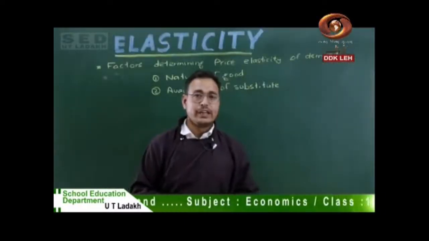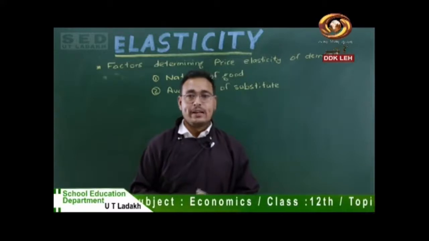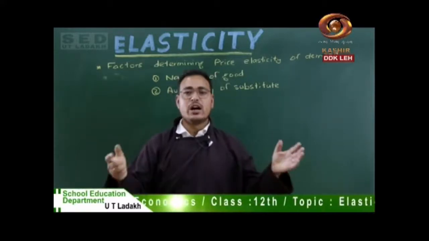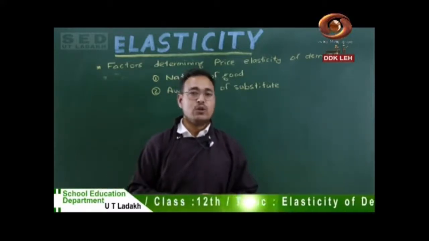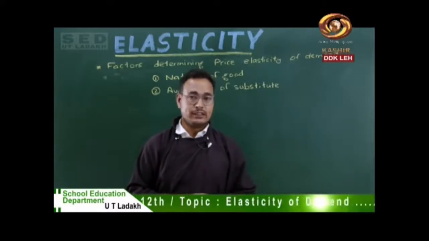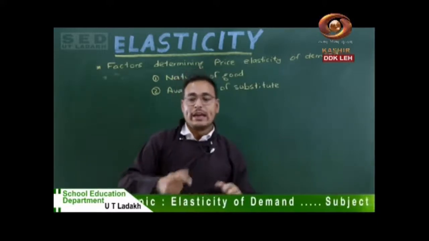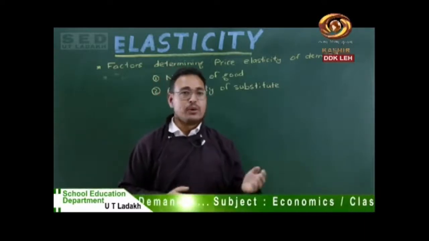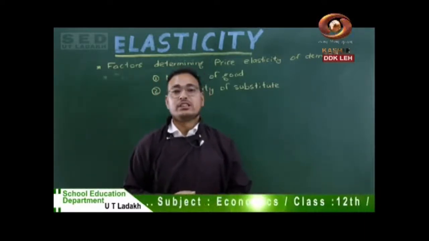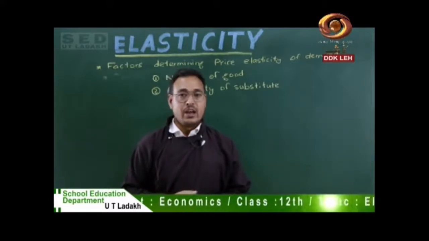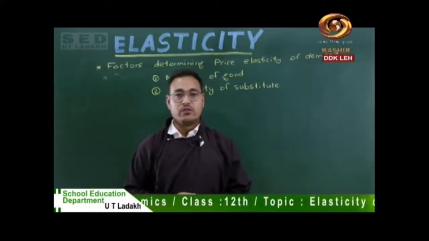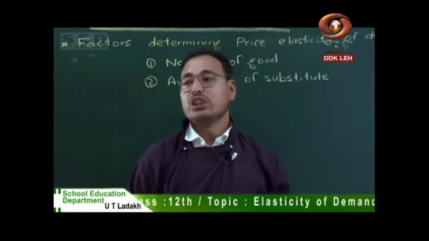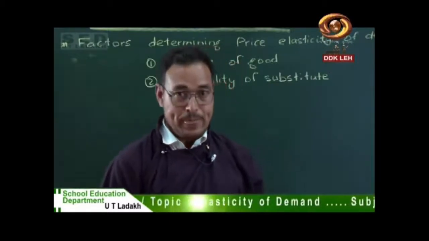For example, if we take the case of a brand of soap X, in the market we have different brands of soap, so whenever there is a change in price for a particular brand, we can easily shift to other brands because we have substitutes. But take another example, which is a necessity, wheat. Even whenever there is a change in price of wheat, still there will be no significant change in demand.